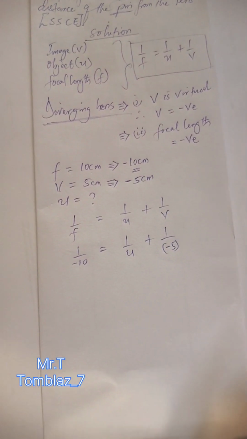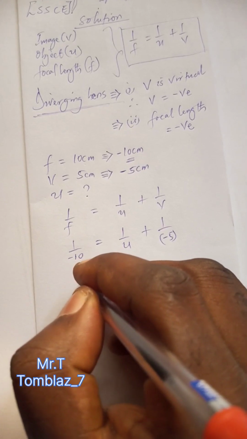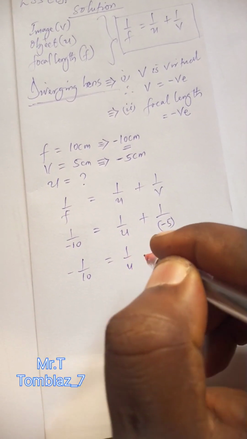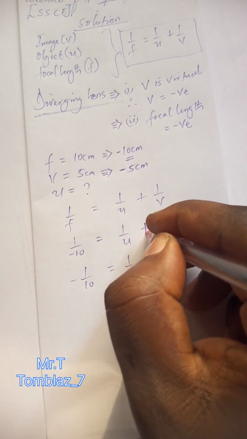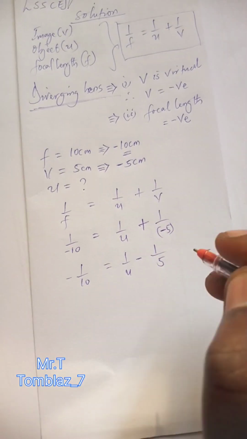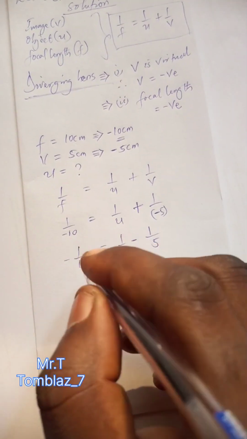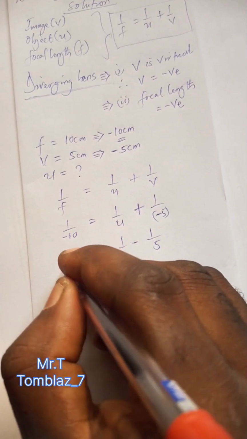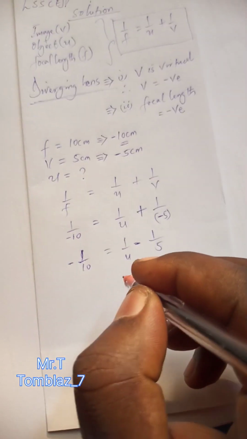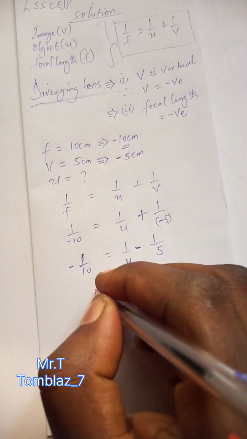Okay, so let's arrange our values. So this is going to be minus 10, equal to 1 over U. This minus will take over this plus and occupy the place, right? Alright, now let's collect like terms. We have minus 10 here, so let this minus 5 cross over to meet it. If it crosses over, it becomes plus, right?